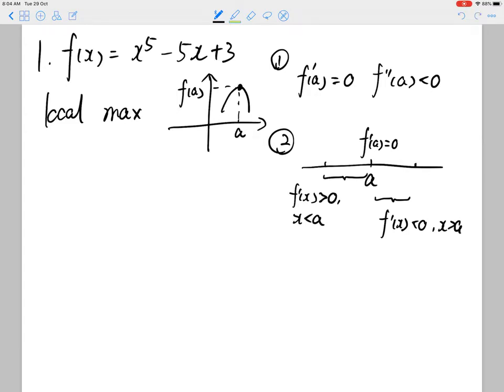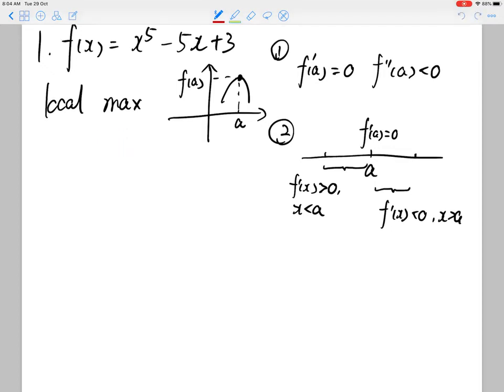So what about the local minimum? For the local minimum, the graph is like this.